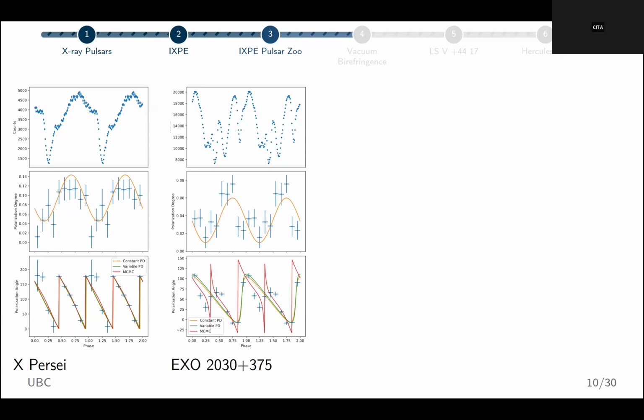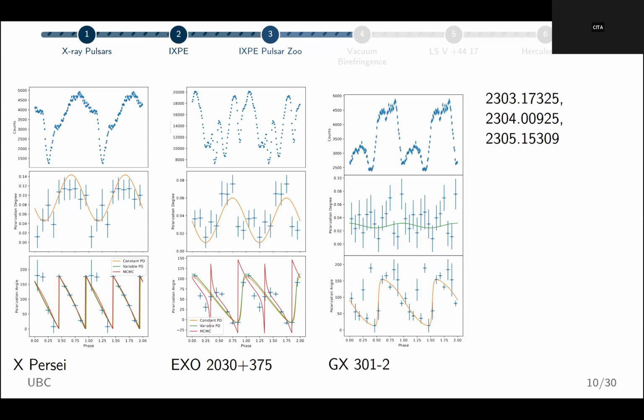Because they're almost the same, it doesn't matter where my finger points, it matters where both of them are pointing, because the polarization isn't a 360 degree thing, it's just 180. And here's another one. Again, you can see the story: polarization much lower than expected, complicated pulse profile, polarization angle quite simple with what it does.